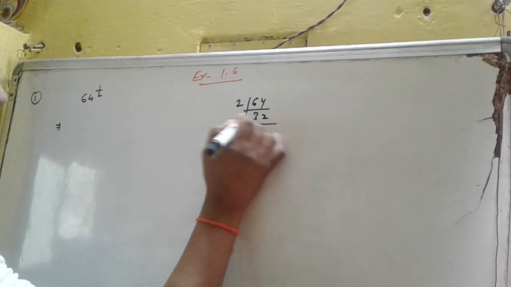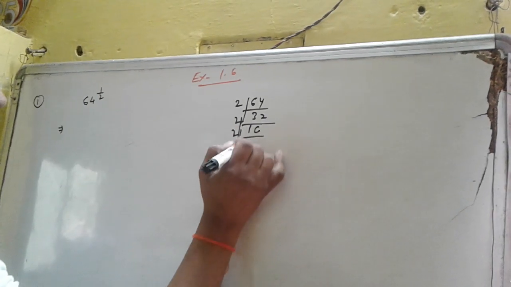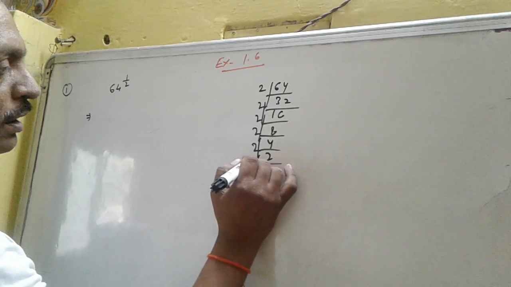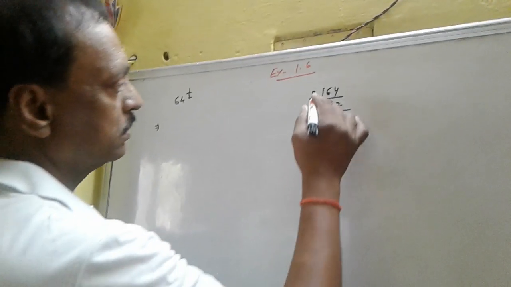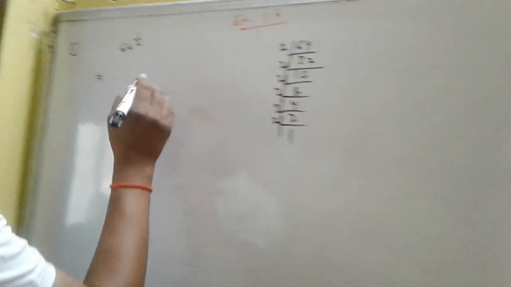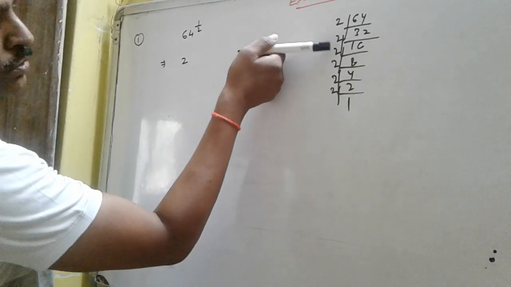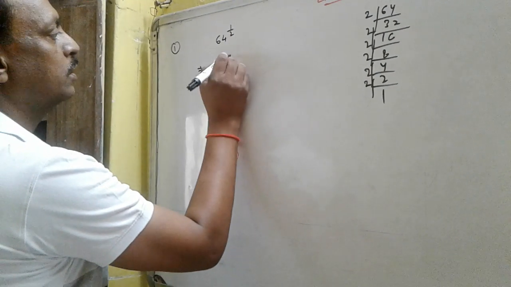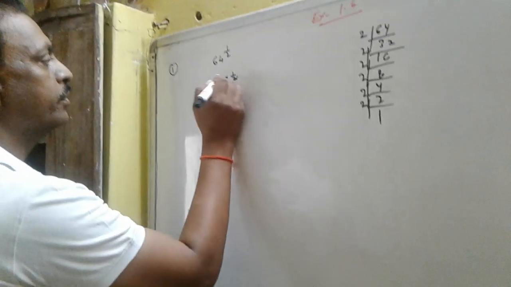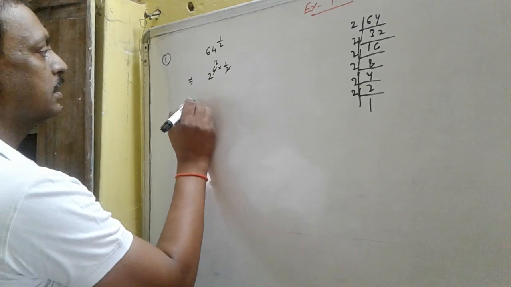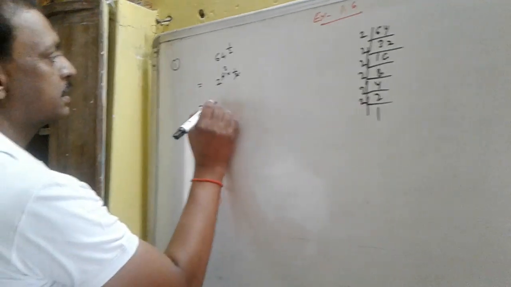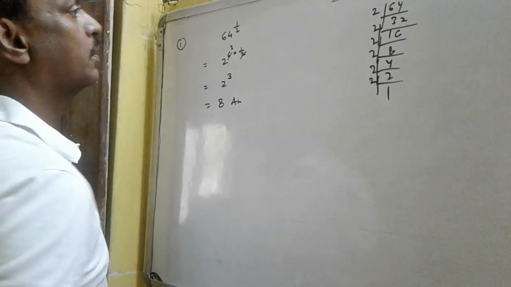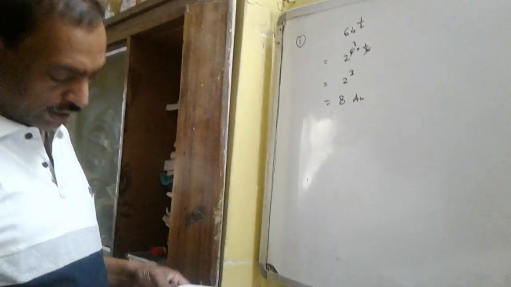It is 32 by 2, 16 by 2, 8 by 2, 4, 2, 2 and 2. So 2 to the power 6, into 1 by 2. Cancel out 3 and the thing is 2 to the power 3. It is 8. Okay.